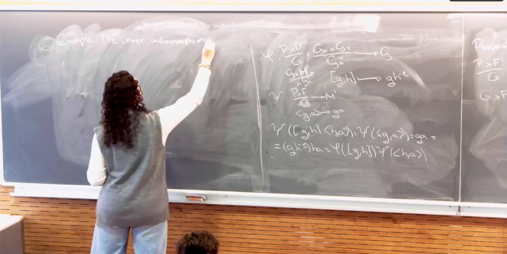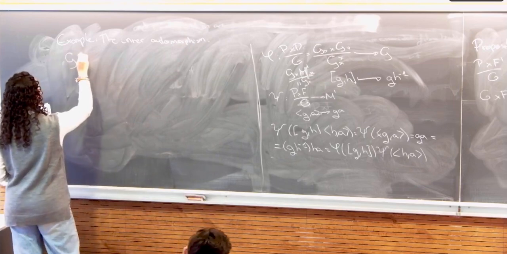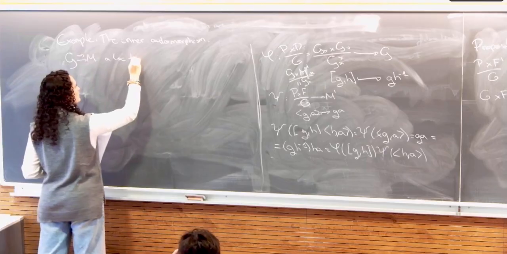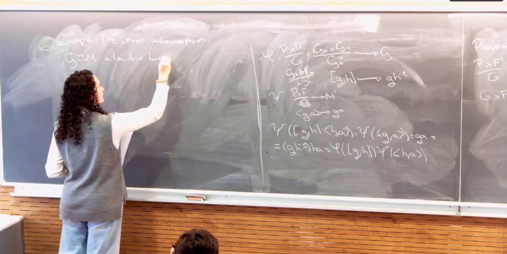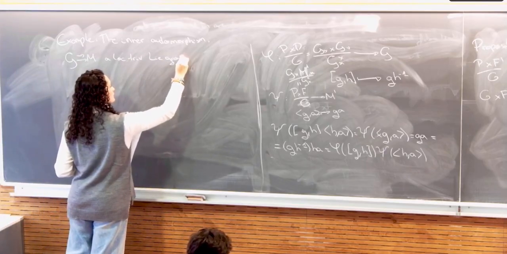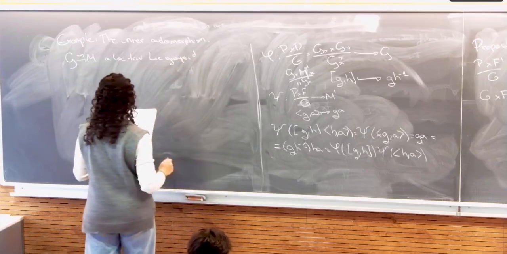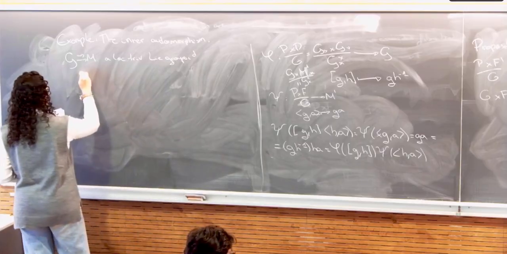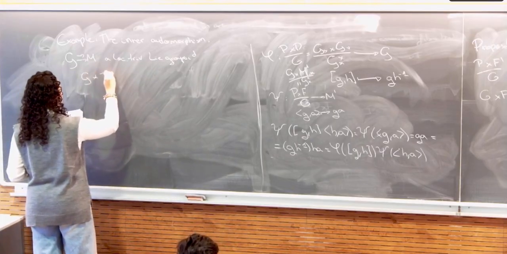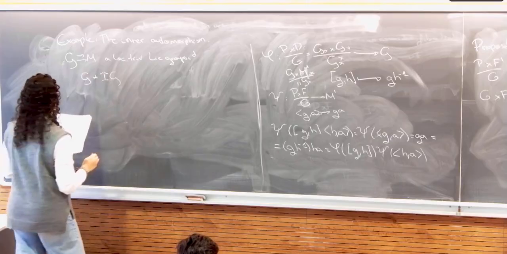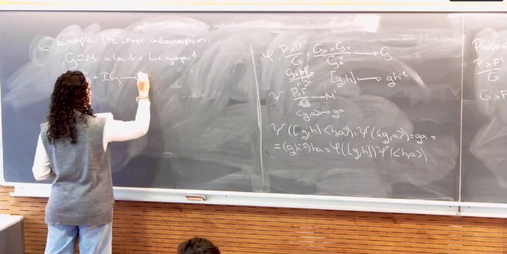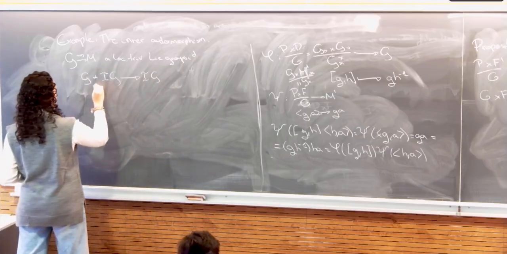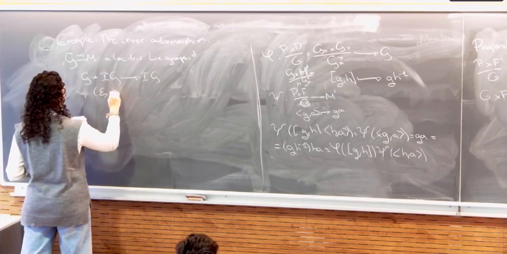If we have a locally trivial Lie groupoid, then we can define an action of G over its inner Lie groupoid taking any pair.